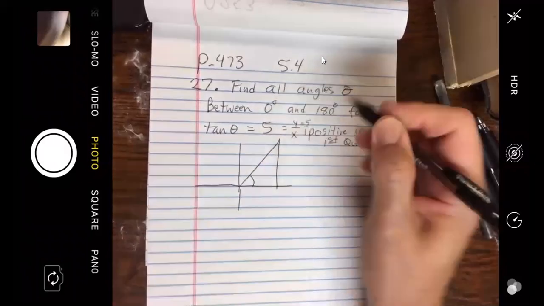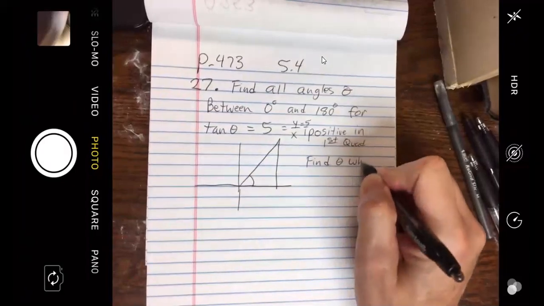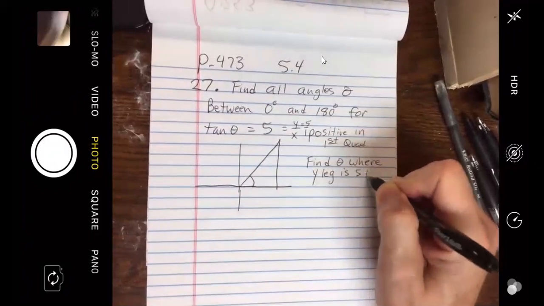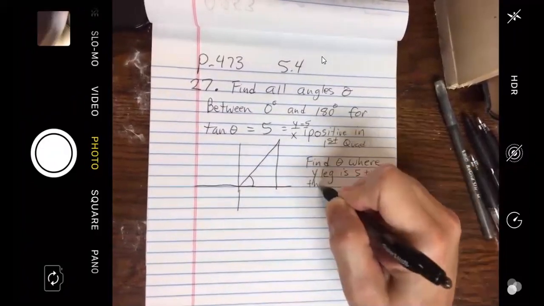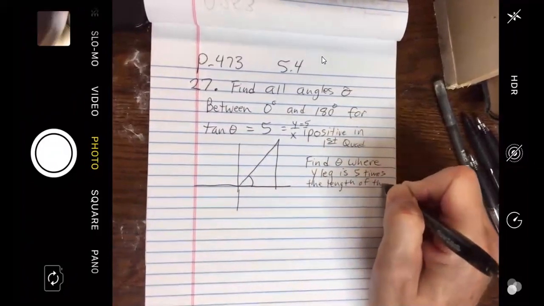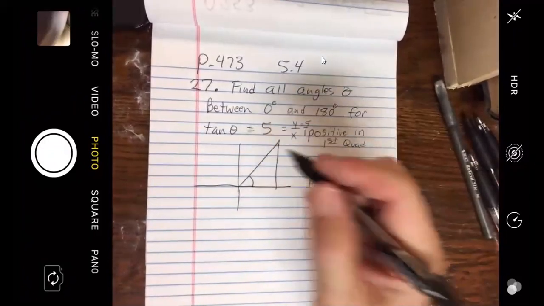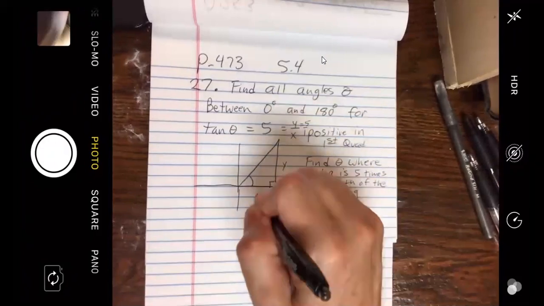Find theta where the y leg is 5 times the length of the x leg. And of course, this is what our tangents are for. So here's y, here's x, here's theta.